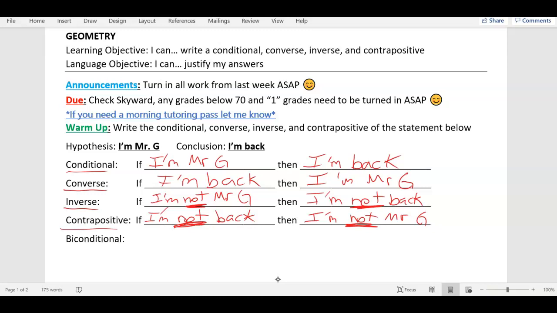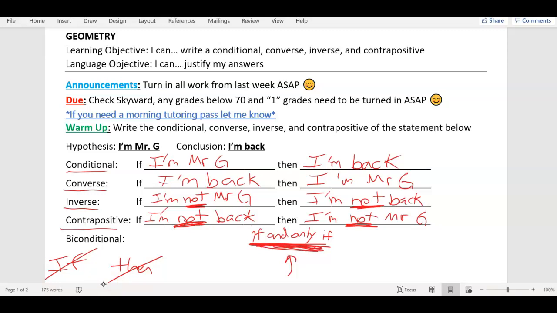In the middle, go ahead and write if and only if. If and only if has to go in the middle of your sentence. You don't put if, you don't put then, you put if and only if in the middle.